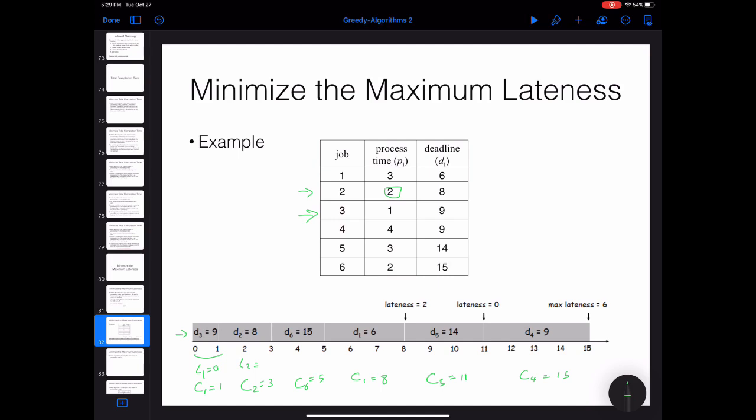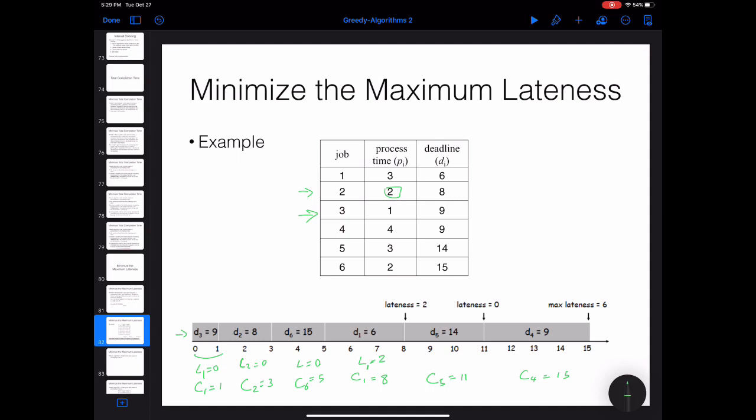Now I can calculate the lateness. For the second job, the deadline is 8, so the lateness is 0. For the sixth, the deadline is 15, so the lateness is 0. For job 1, the deadline is 6, so the lateness for this job is going to be 2.